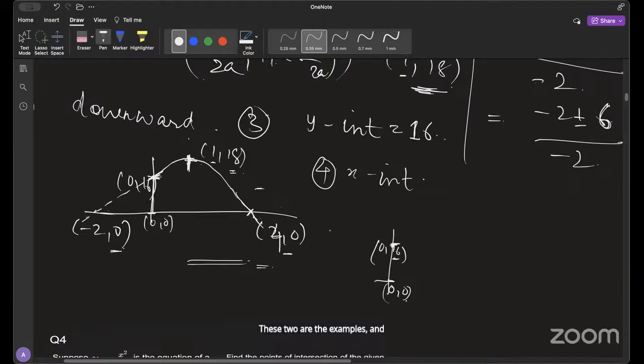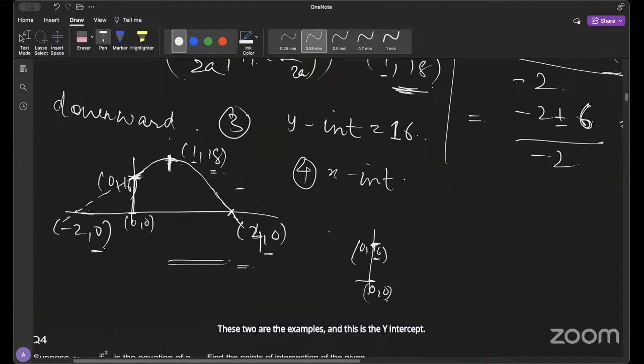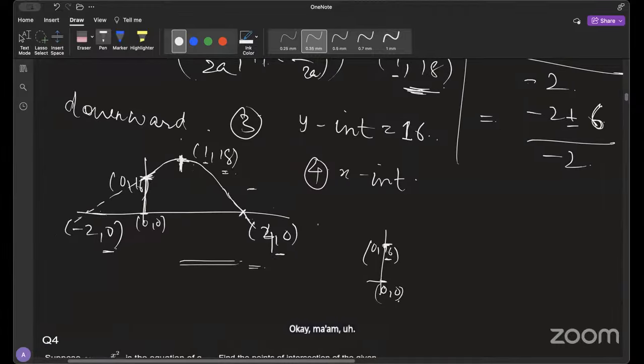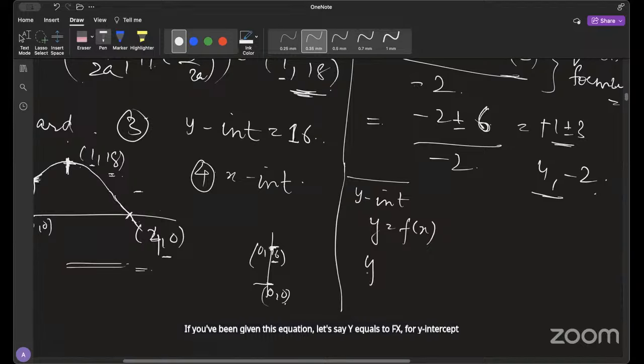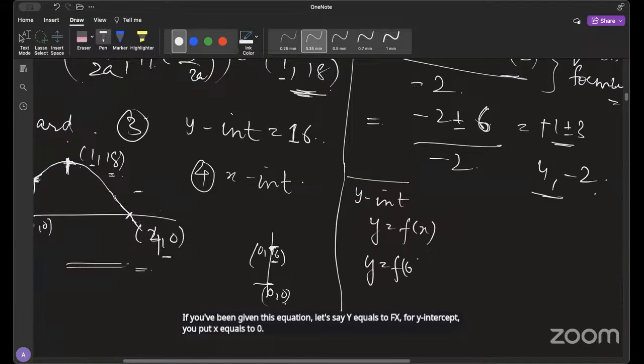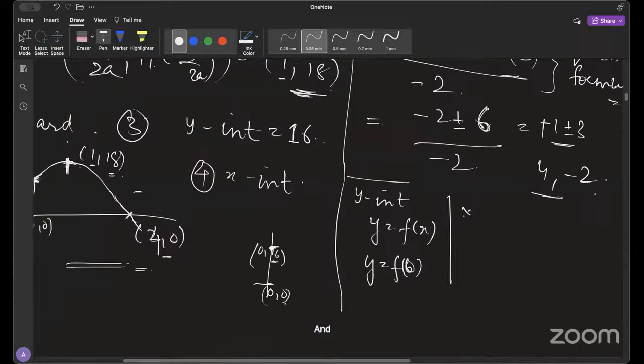This is the y-intercept, so 0 comma 16 is the y-intercept. Yeah, for the y-intercept, you put x equals 0. If you've been given an equation, let's say y equals f(x), for the y-intercept, you put x equals 0, and for the x-intercept, you put y equals 0. Then you solve this equation.